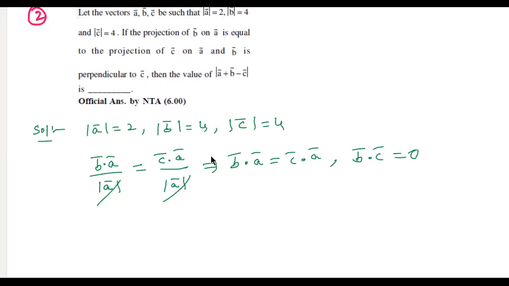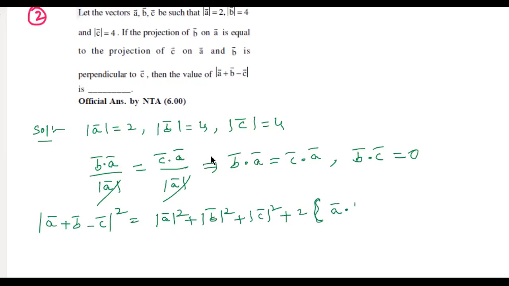Now we need to find modulus of a bar plus b bar minus c bar. Take the square. Now apply the formula. We get mod a square plus mod b square plus mod c square plus 2 take common. We get a dot b minus b dot c minus c dot a.